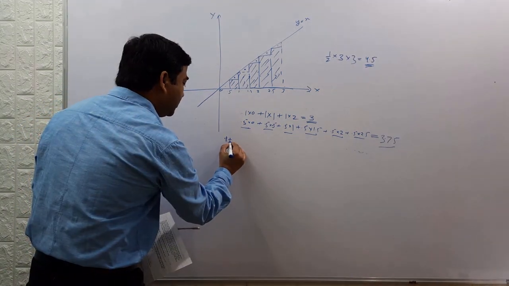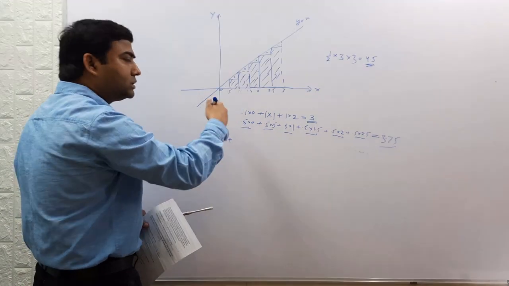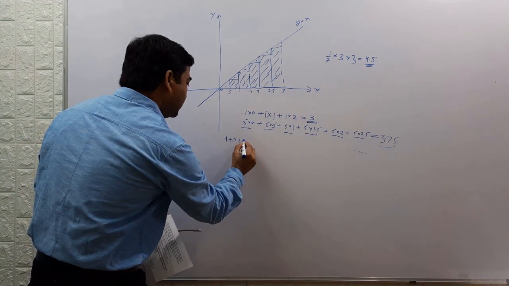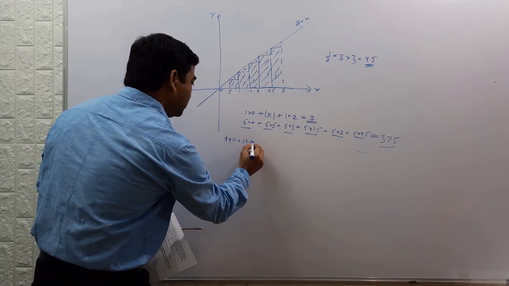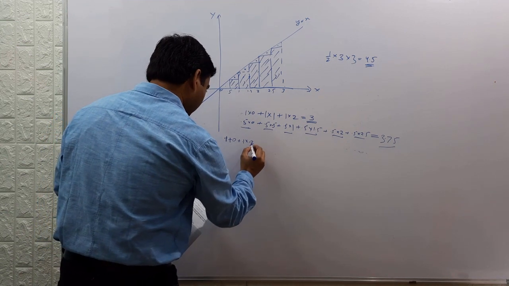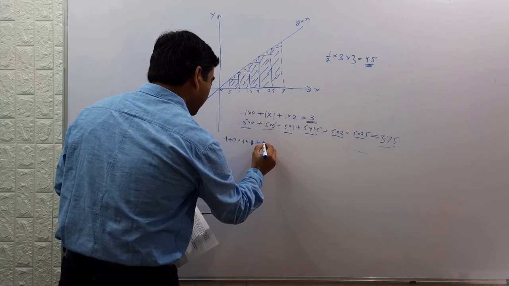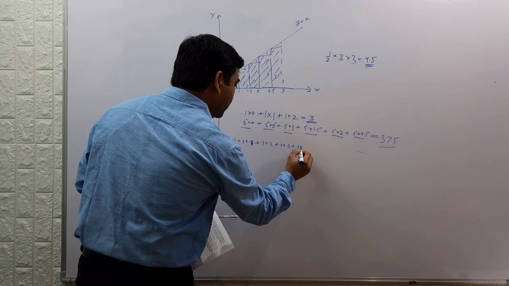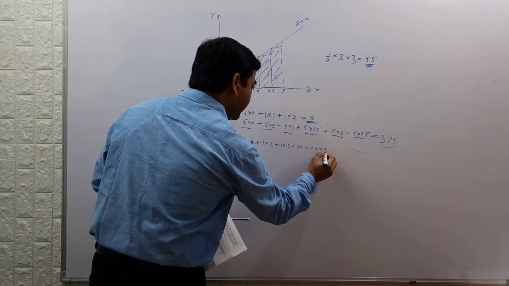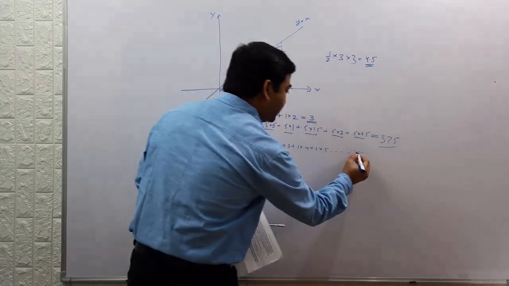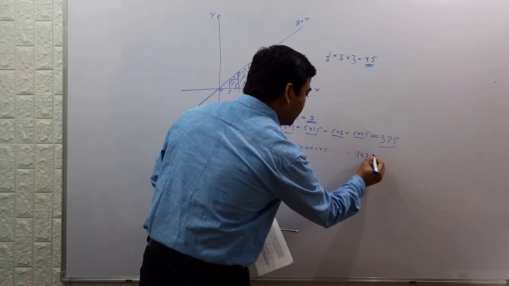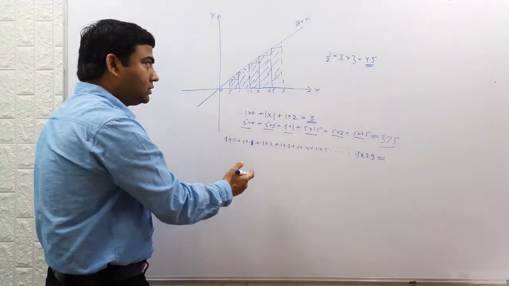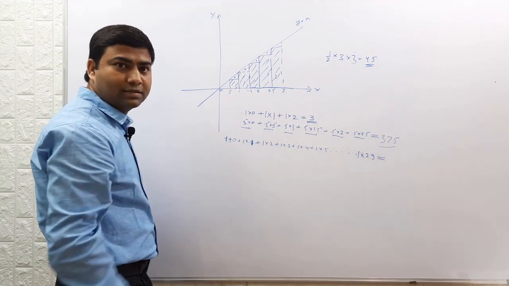So the sum of the areas of all those thin rectangles will be 0.1 into 0 plus 0.1 into 0.1 plus 0.1 into 0.2 plus 0.1 into 0.3 plus 0.1 into 0.4 plus 0.1 into 0.5, and so on. The last term will be 0.1 into 2.9. So this is the sum of areas of all thin rectangles.